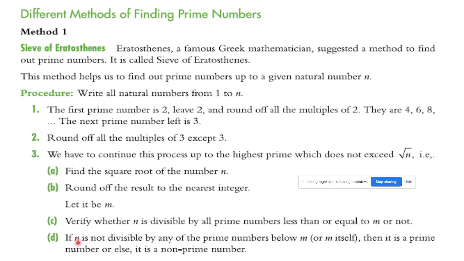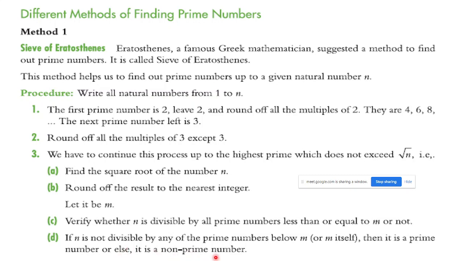Next, if n is not divisible by any one of the prime numbers below m or m itself, then it is a prime number, or else it is non-prime number.